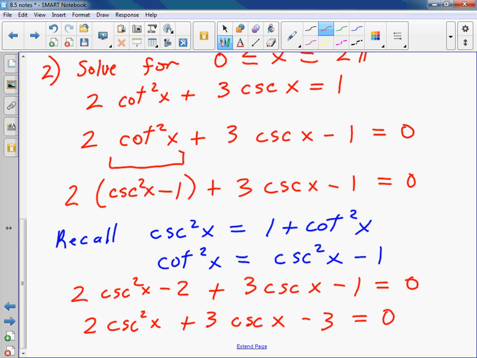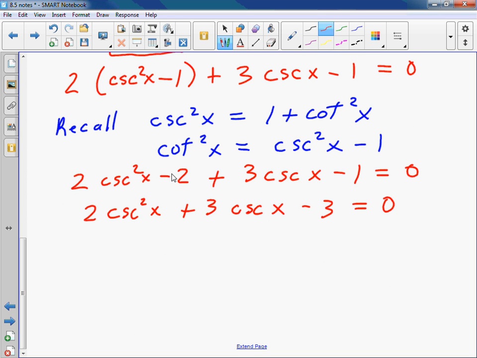I just combined the minus 2 and the minus 1 to give me minus 3. Put them in descending order: cosecant x squared plus cosecant x to the first minus cosecant x to the 0. People always forget 0.